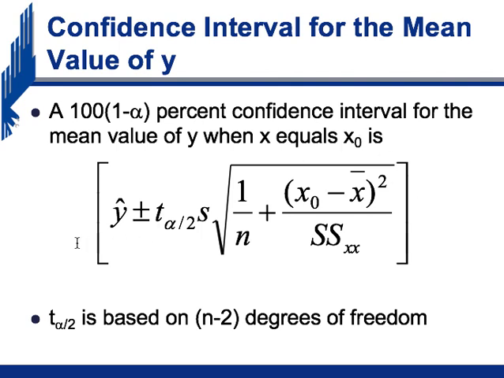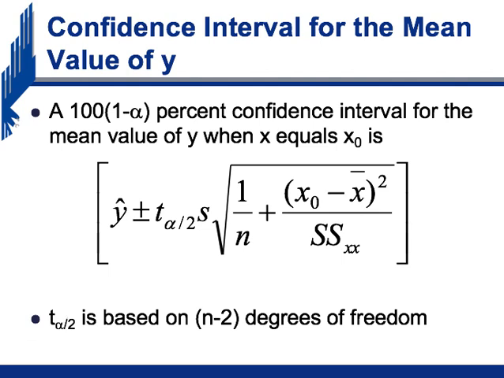So that is y hat plus minus t sub alpha over 2 times s, or the standard error, times the square root of 1 over n plus the quantity x sub 0 minus x bar squared over SSxx. And here the t-score, alpha over 2, is based on n minus 2 degrees of freedom.